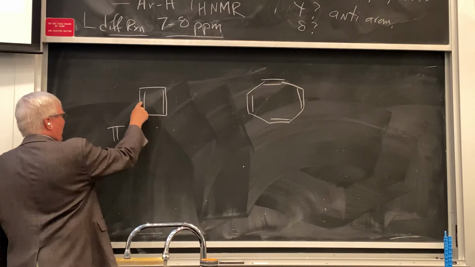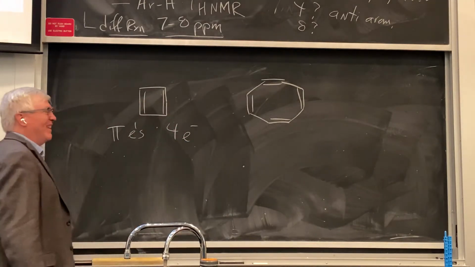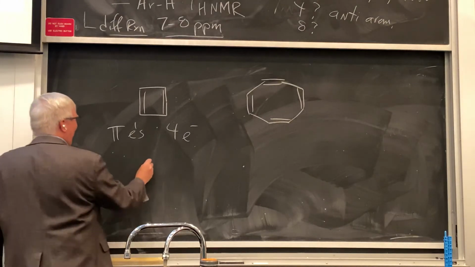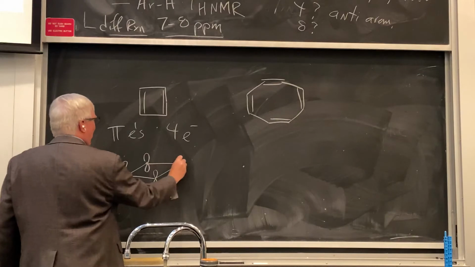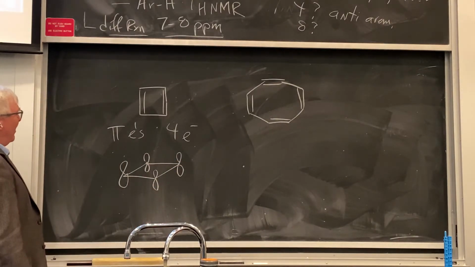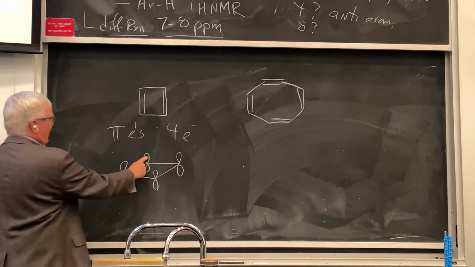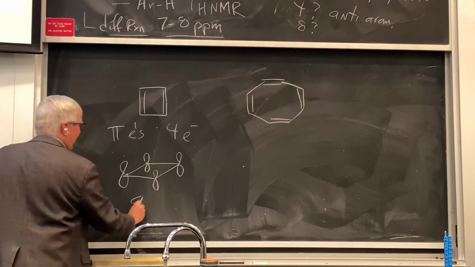How many here? 1, 2, 3, 4. Uh-oh, 4 electrons, okay. And if you look at it sideways here, it indeed is flat. You can kind of pucker it a little bit to try to avoid being flat here, but being flat here and having these constrained with 4 pi electrons, it turns out to be anti-aromatic.